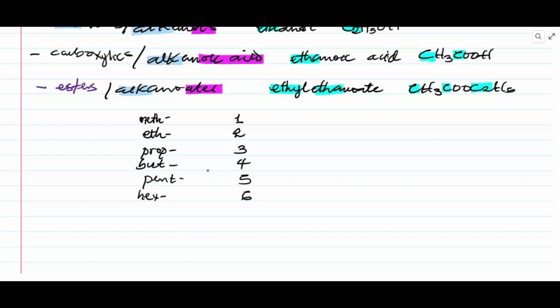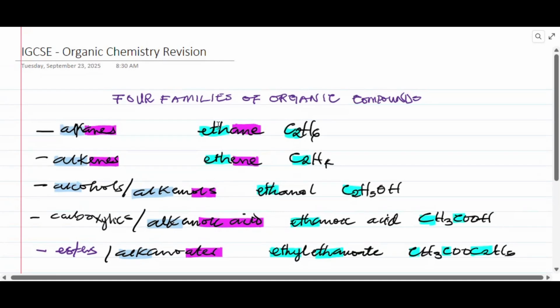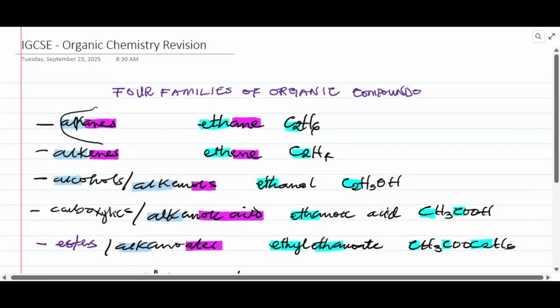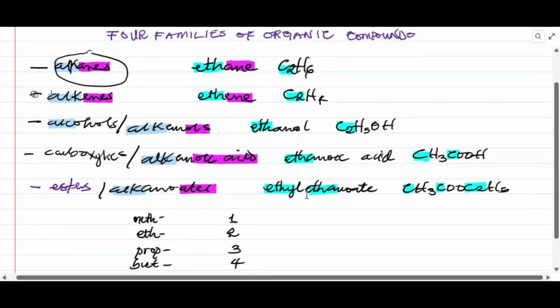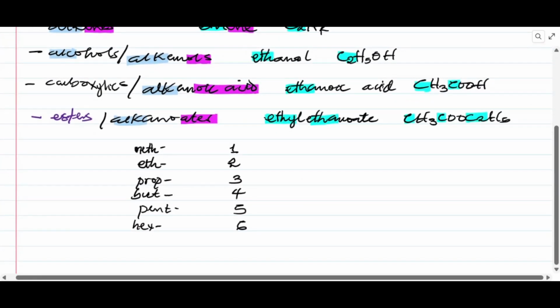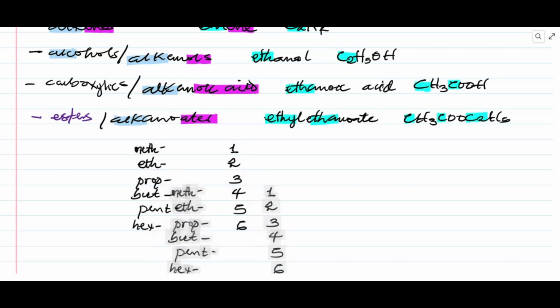Okay, so let's build compounds from the alkane family following this number of carbon atoms. So let me just move this one down a little bit.